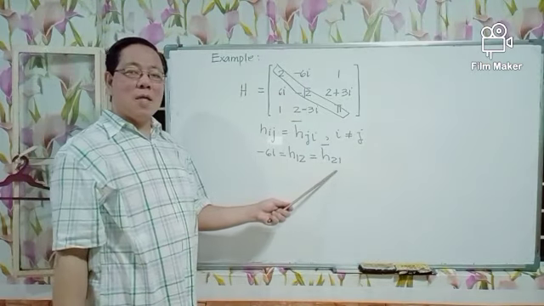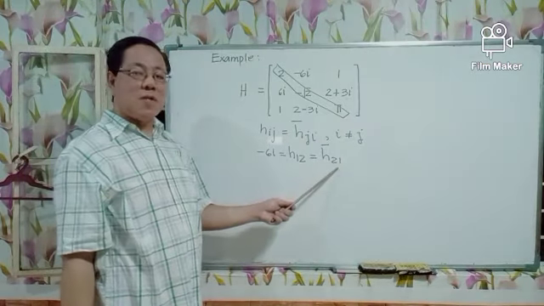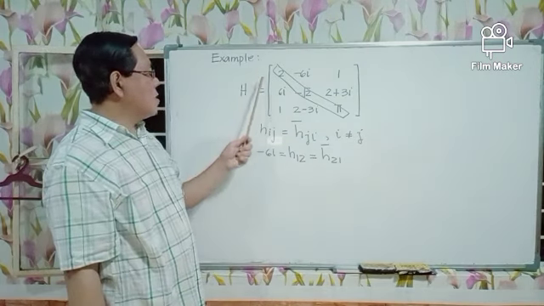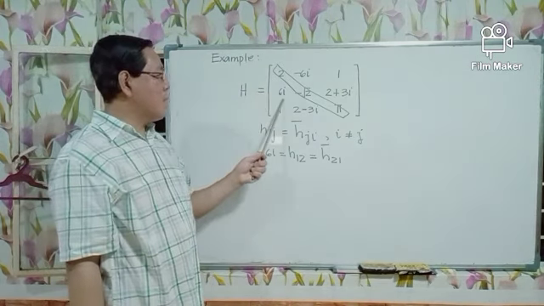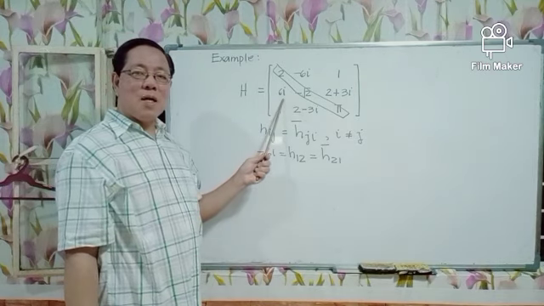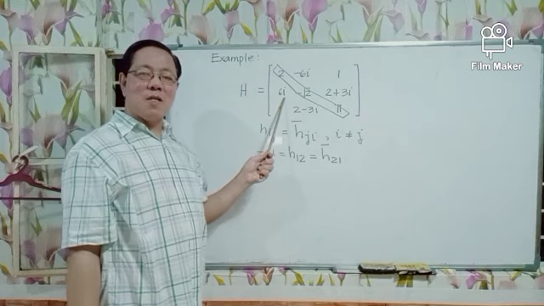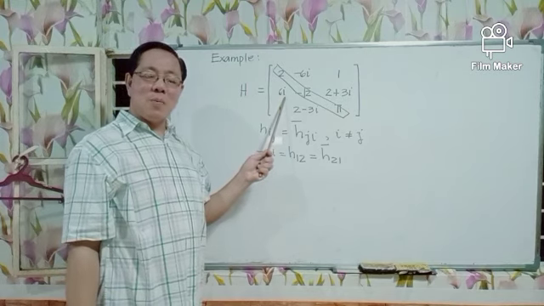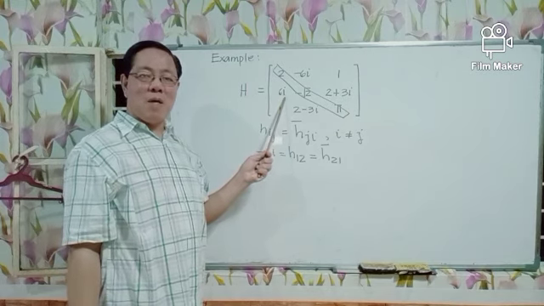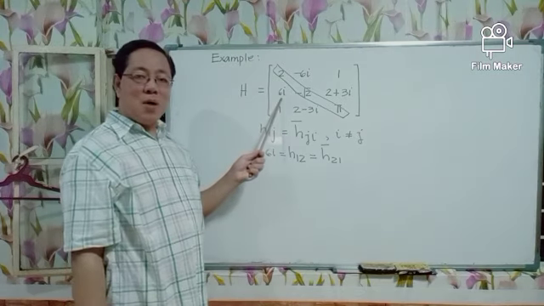H sub 21 is the entry in the second row and first column: second row 1, 2, first column 1, 6i. And the conjugate of this complex number 6i, as we said earlier, is obtained by taking the opposite sign of the imaginary part of the complex number.